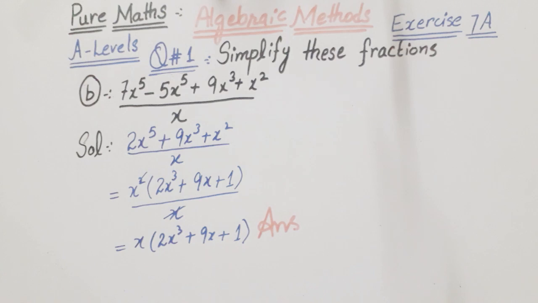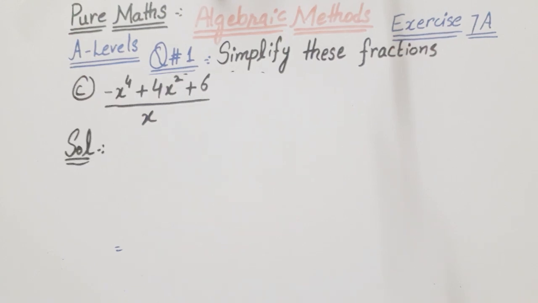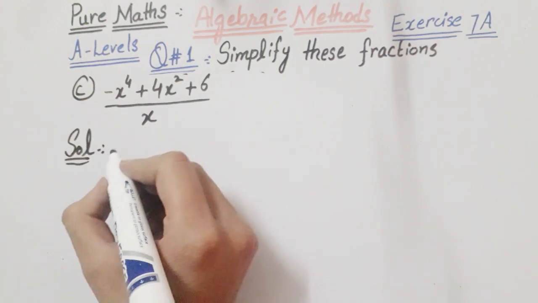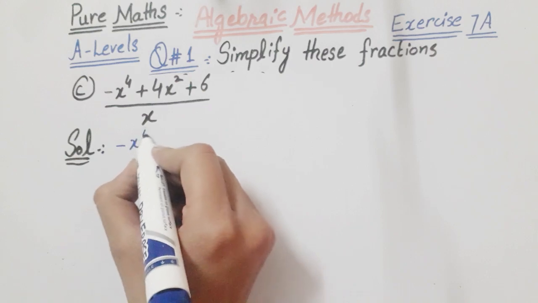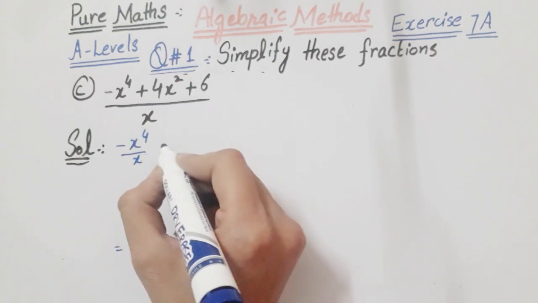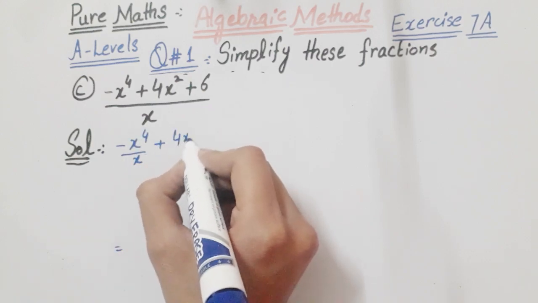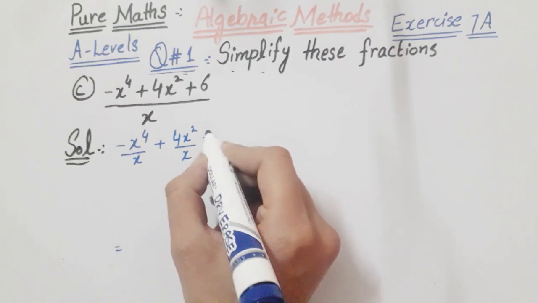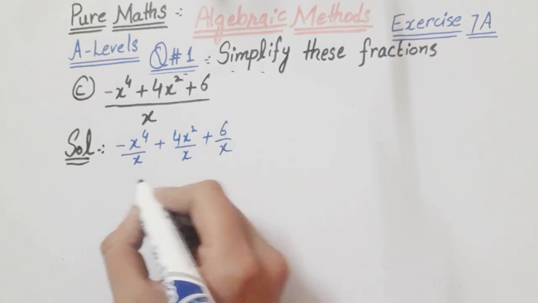Now we will solve part C. Part C is -x^4 + 4x^2 + 6 by x. We cannot take x as common, so we will divide each part by x: -x^4 by x plus 4x^2 by x plus 6 by x.